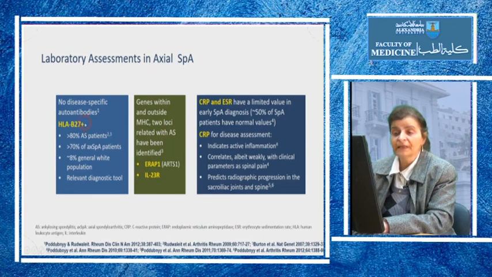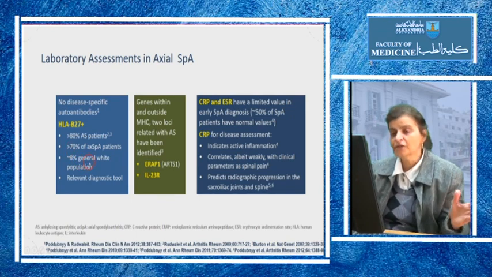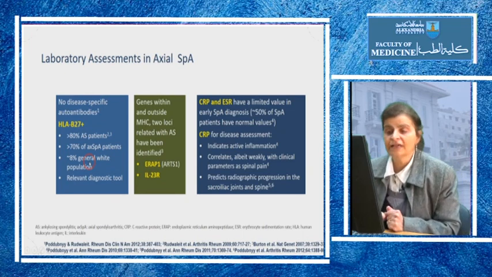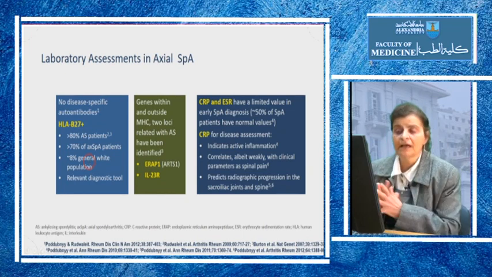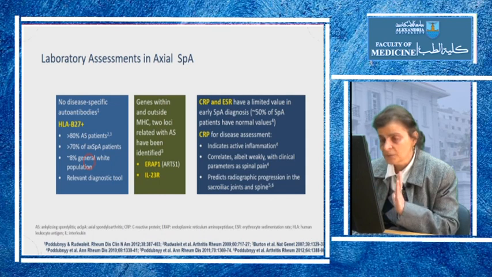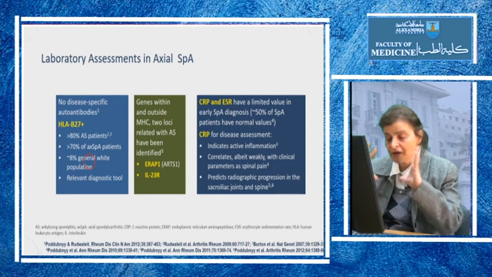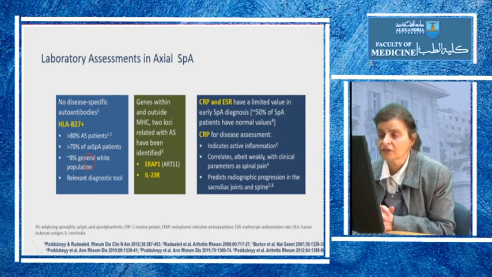HLA-B27, as I said, is present in a big percentage of our patients, but take care that many normal individuals, not patients, may also have HLA-B27 and not have spondyloarthritis. So we should use it in the context of our clinical picture.